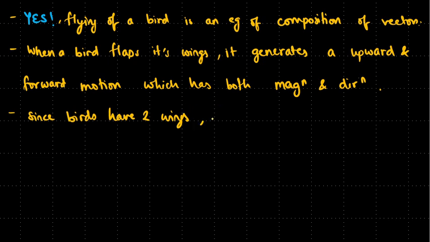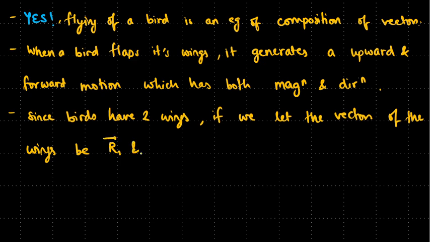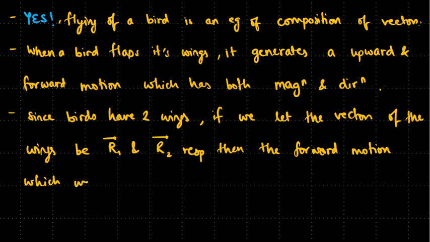if we let the vectors of the wings be vector r1 and vector r2 respectively, then the forward motion which we suppose, which is vector r, must be the net resultant.